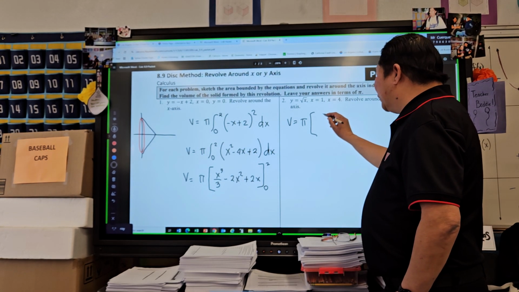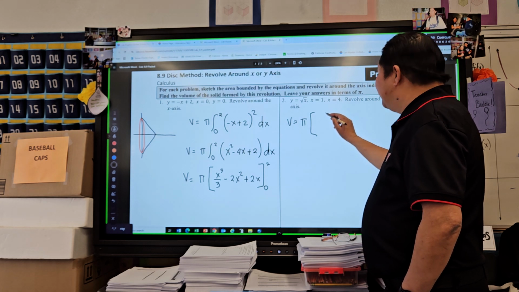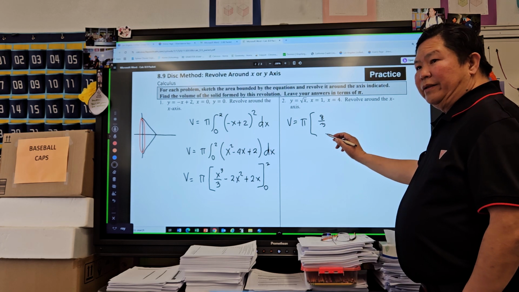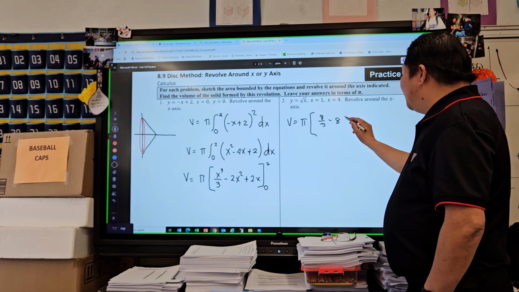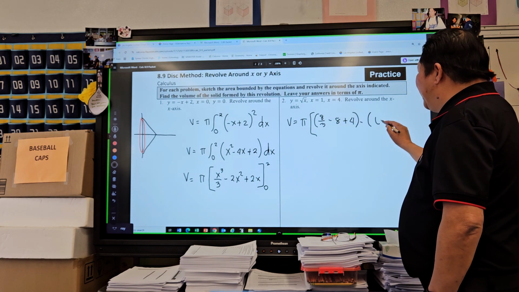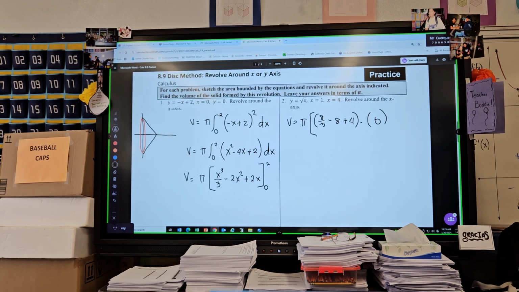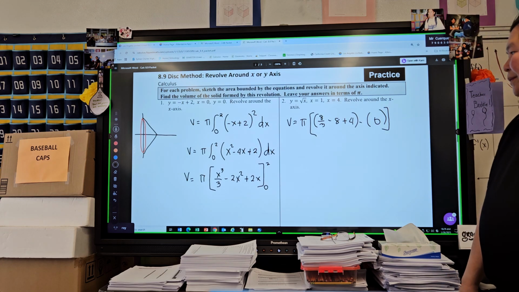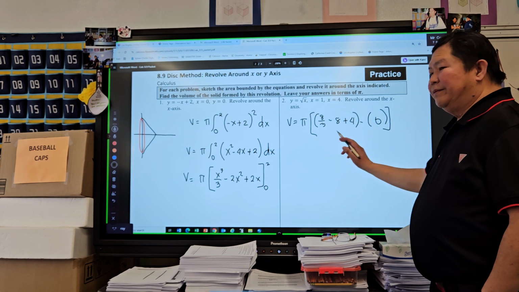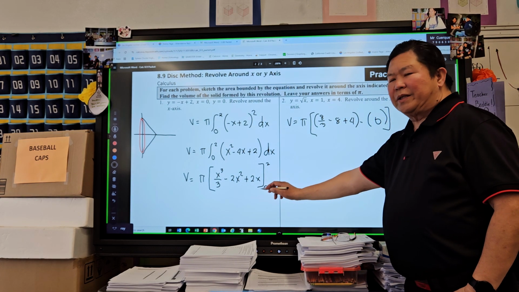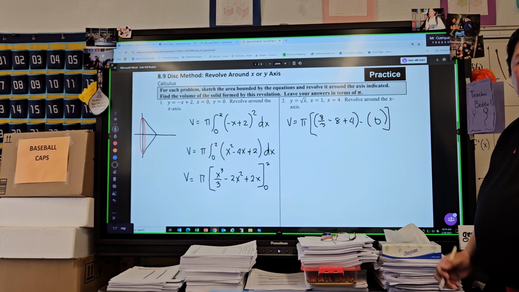So 8/3, and then 4 minus 8, plus 8, and then minus nada. The upper limit first, minus the lower limit. But if we plug in the lower limit as 0, everything is 0. So minus nada.